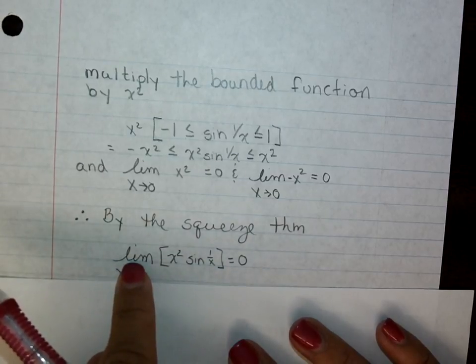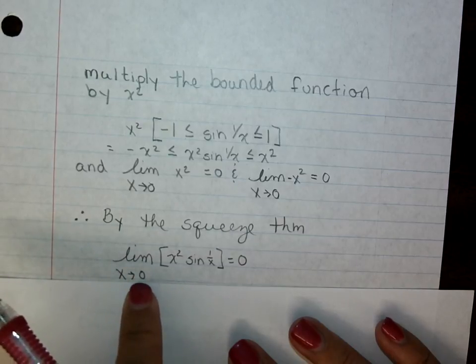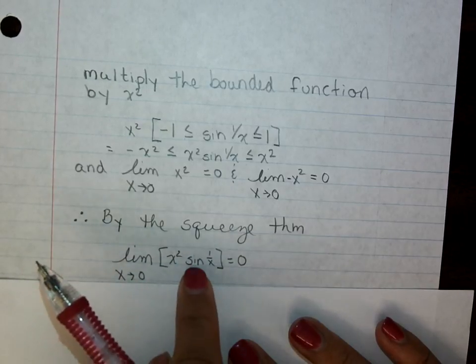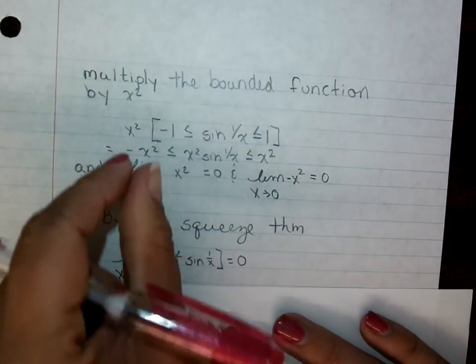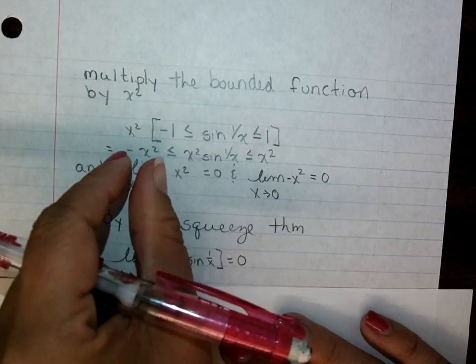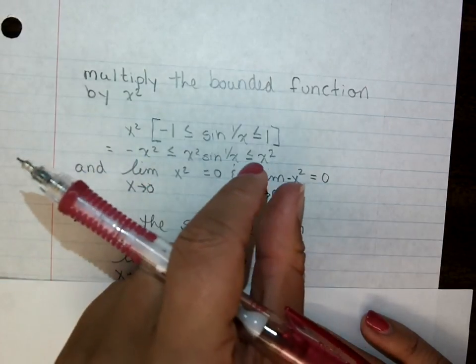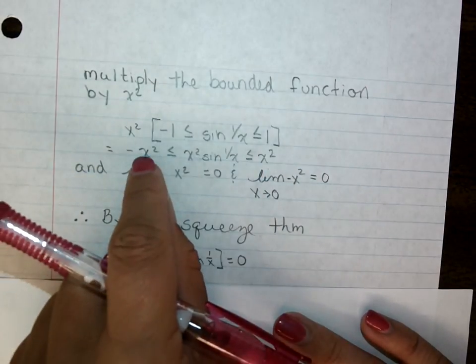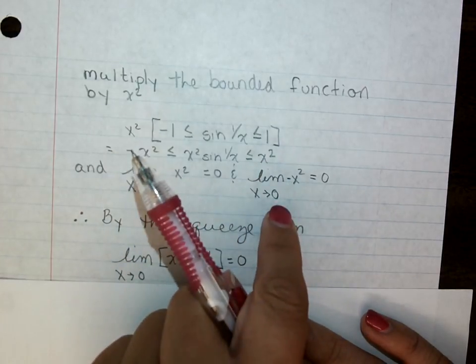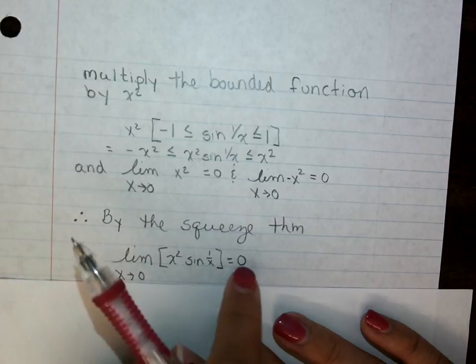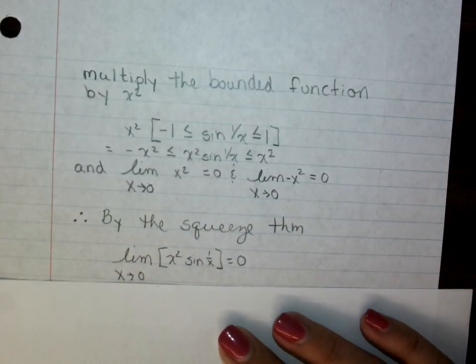So the limit as x approaches 0 of x squared times sine 1 over x is 0. Okay? So notice what we did here. We took the limit of this piece, the limit of this piece, the limit of that piece. And we found that this limit was 0, and we found that this limit was 0. So this middle limit is 0 as well because of the squeeze theorem.